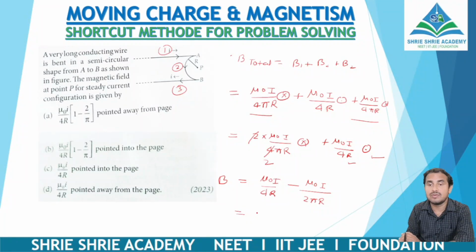If you take mu naught I by 4r common, since the answer is given as mu naught I by 4r, you get 1 minus 2 by pi, and the final direction is out of the plane.